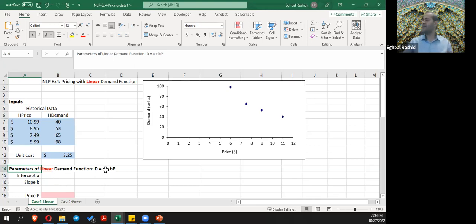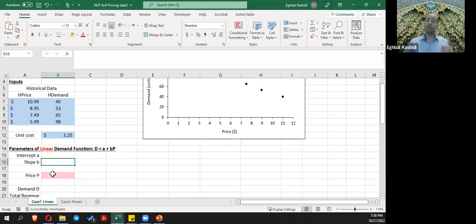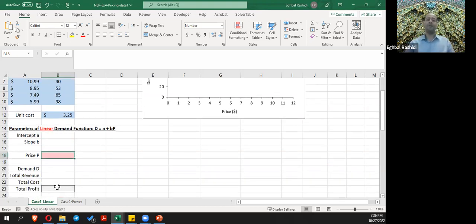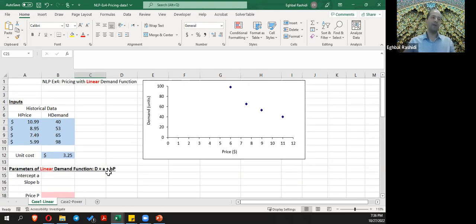A here is the intercept and B is the slope, so we want to find A and B. We can start with different values here. The price is going to be our decision variable. We want to set the price, and the profit is going to be our objective function. That's why we use the gray color for that. All right, so let's go ahead and start with this.